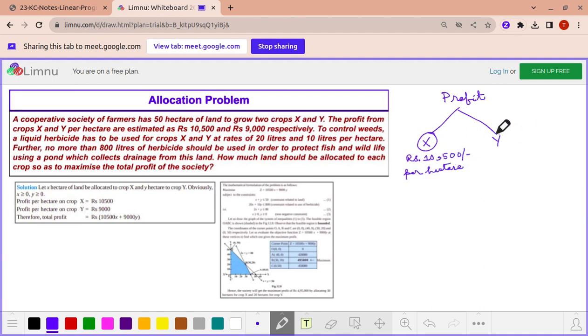And for the crop Y, it is rupees 9,000 per hectare. Let me write properly, dear students, 9,000 per hectare.